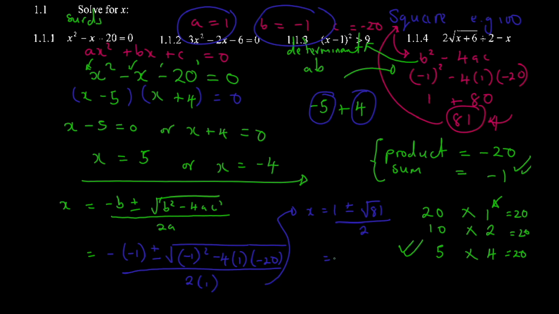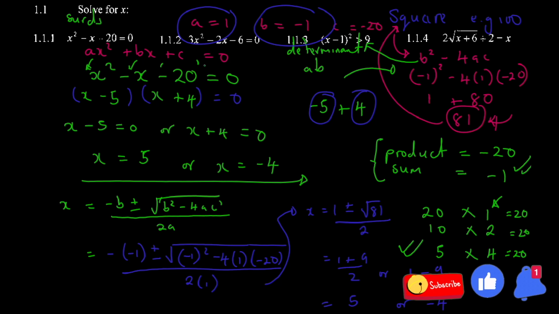So my x would be equal to 1 plus the square root of 81, which is 9, over 2, or 1 minus the square root of 81, which is 9, over 2. At the end of the day, this one would be 10 over 2, which gives me 5, and this one would be -8 over 2, which gives me -4. So you can work out the same problem and get the same answers using the quadratic formula.